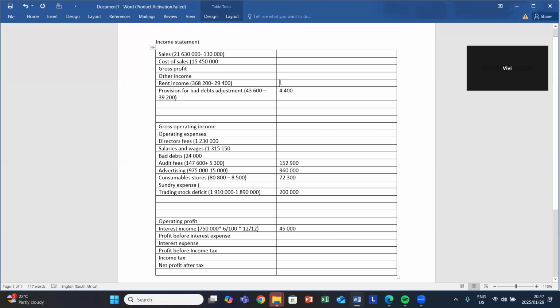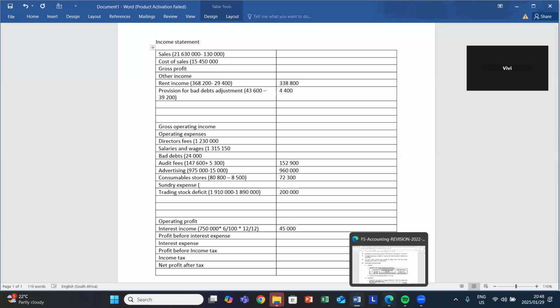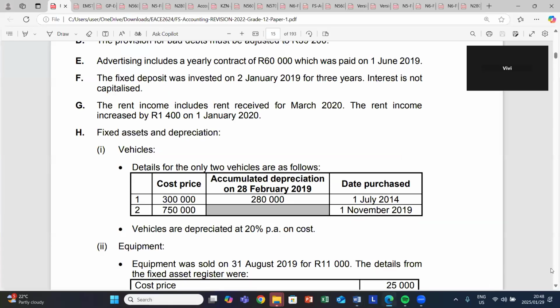Therefore, say 368,200 minus 29,400, and then you will get 338,800. Yeah, that's correct. You also get the same amount. Yes, I also do.